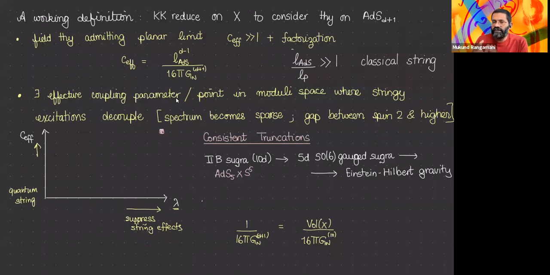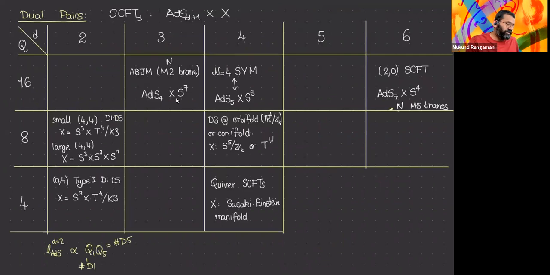The truncation to Einstein-Hilbert gravity is such that if you just turn on pure gravitational modes, you will not source any other fields in supergravity. What it means is that you can study solutions of the Einstein-Hilbert action and learn lessons that actually are universal to this whole lot of theories.